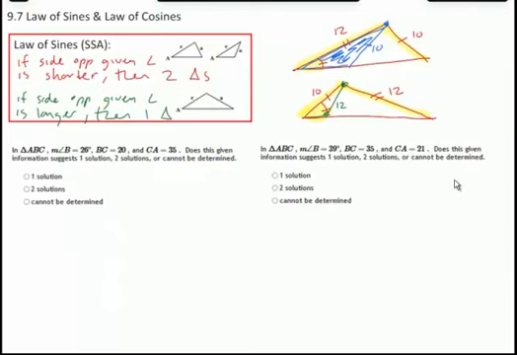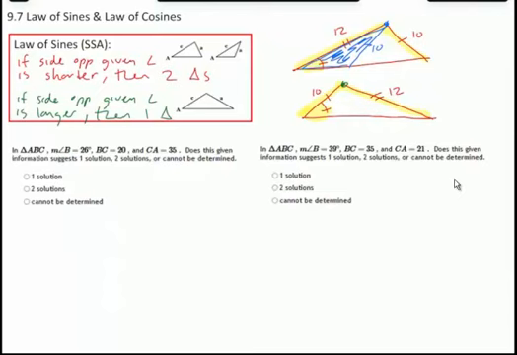No, because this is an obtuse angle, and the side opposite the obtuse angle has to be the longest side in your triangle, so there's no way a side of 12 could be in this location. So if the side opposite the given angle is the longer of the two, there's only one triangle. If it's the shorter of the two, then there's two possible triangles.